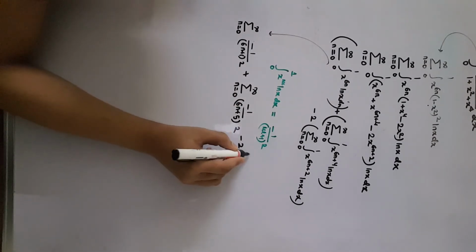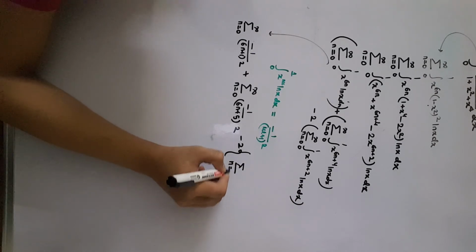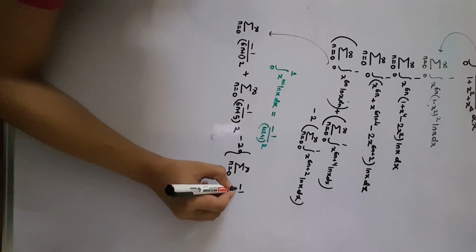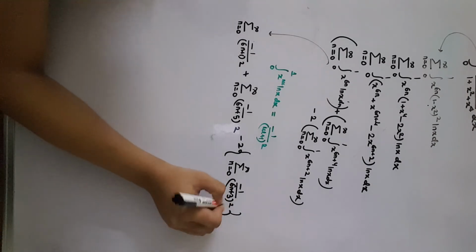then we are having minus 2, and this thing can now be turned into summation from n is equal to 0 to infinity minus 1 divided by 6n plus 3 whole square.